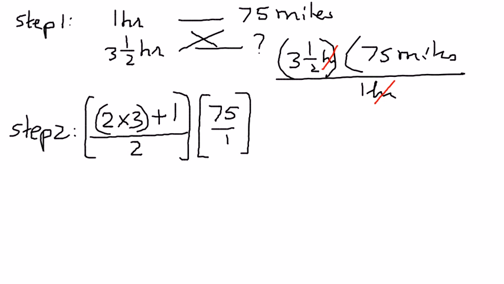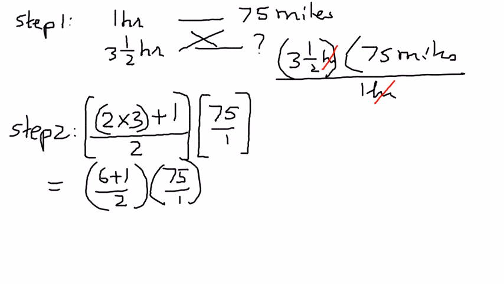So when we simplify this, 2 times 3 is 6, 6 plus 1, divided by 2, times 75 divided by 1. So 6 plus 1 is 7, 7 divided by 2 times 75 divided by 1. Right? So in here, there is nothing we can simplify.